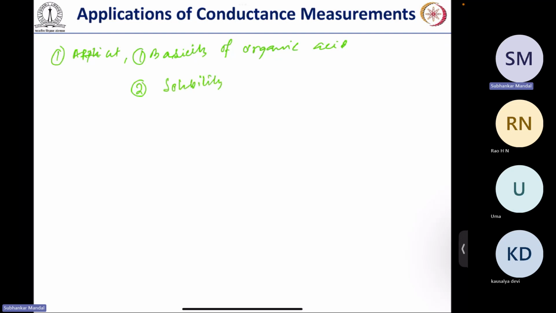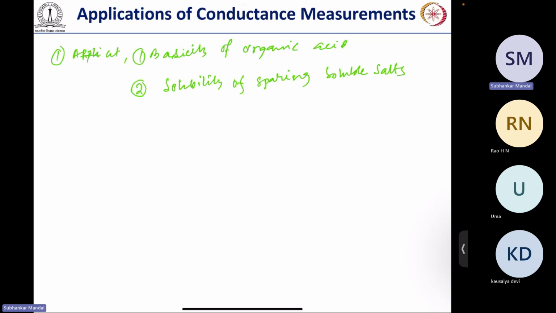We'll discuss some problems on solubility also, because in some NET or GATE exams people give questions from here. So these things we get from this equation.